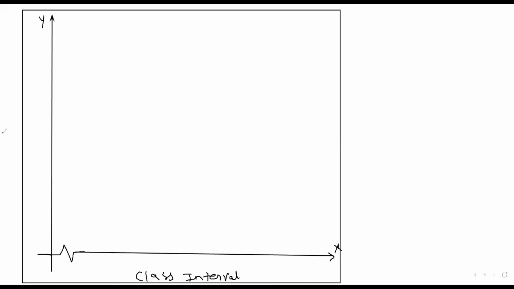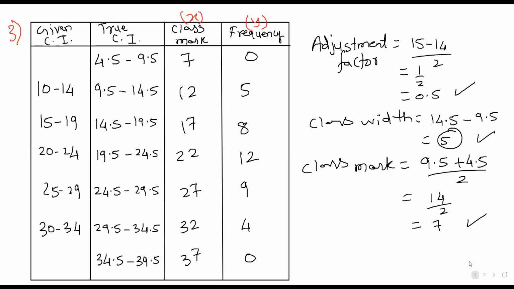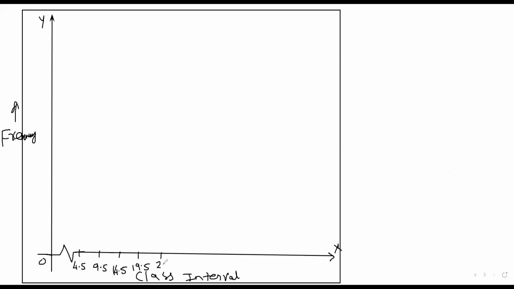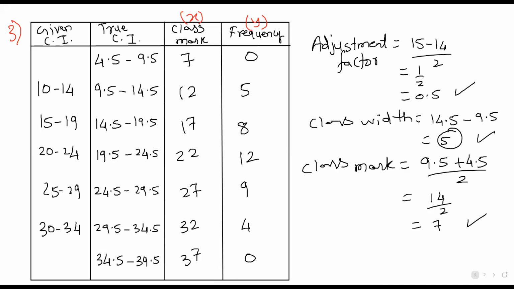What is the label on the y-axis? Frequency. Okay, this is 0. Then you will start with what? 4.5. Then what? 9.5. Then 14.5. Then 19.5, right? Then 24.5. Then 29.5. Then 34.5. Then 39.5. And then that's it.